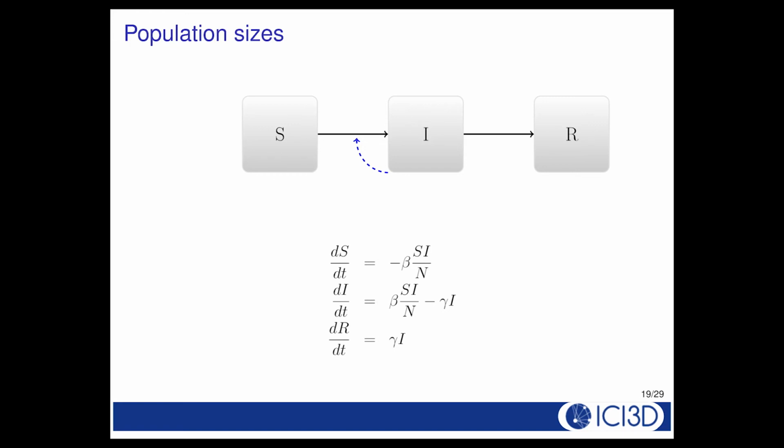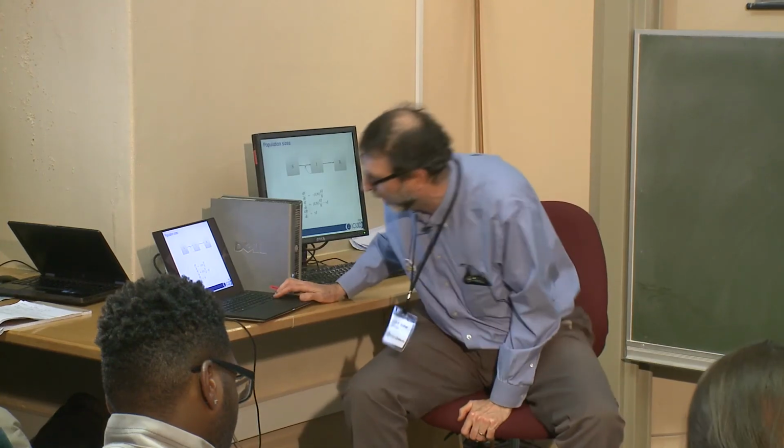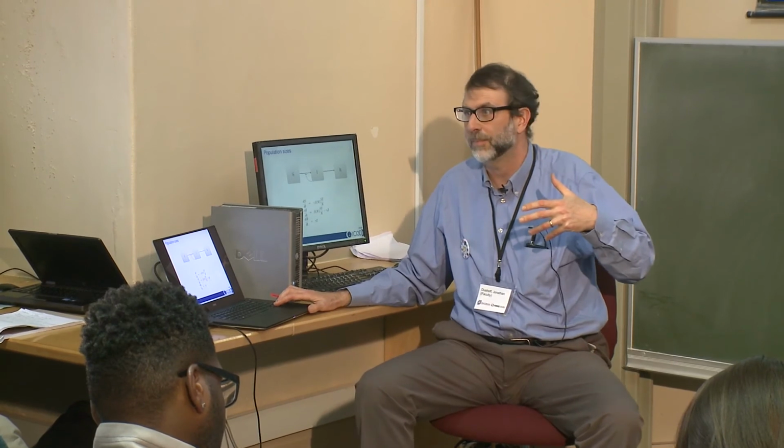But in my mind, I'm imagining the population could change, and that if it changed, beta might or might not change with it. So my beta is the actual rate, and I like to think about how beta might change if the population size changed. And there's two very common assumptions about that.